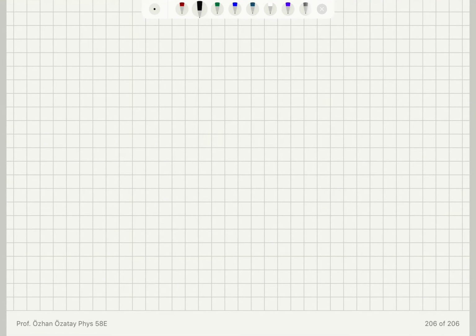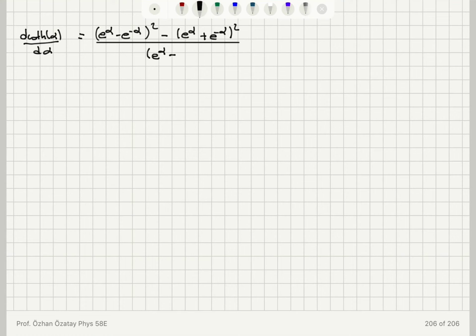So the derivative of cotangent hyperbolic alpha with respect to alpha will give me the derivative of the top, e to the alpha minus e to the minus alpha, multiplied with the bottom, minus the derivative of the bottom multiplied by the top, divided by the bottom square, e to the alpha minus e to the minus alpha square.